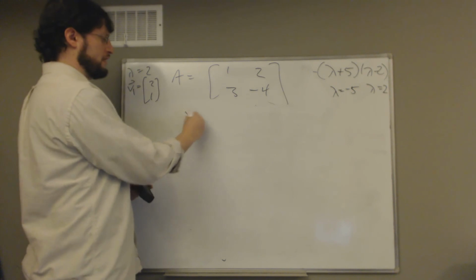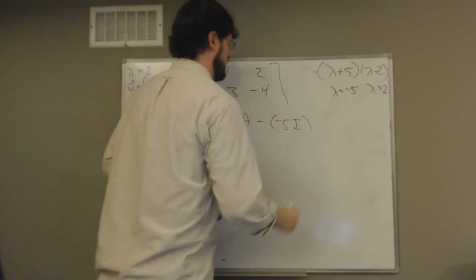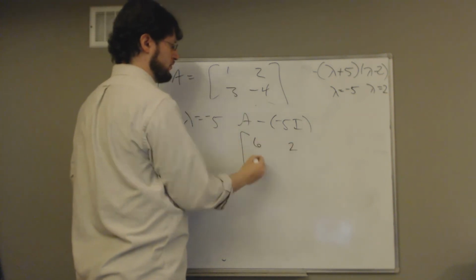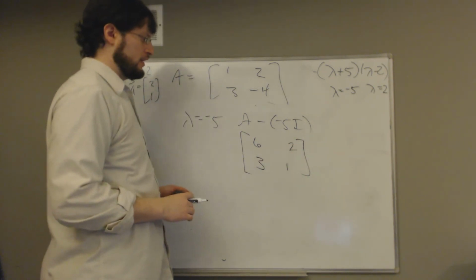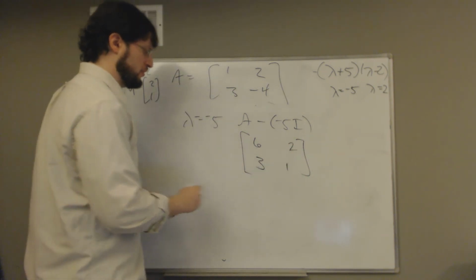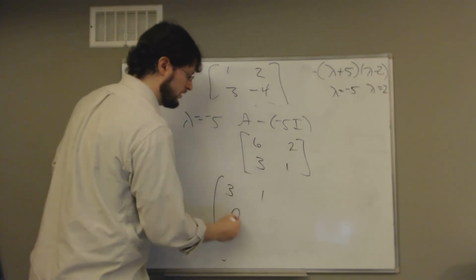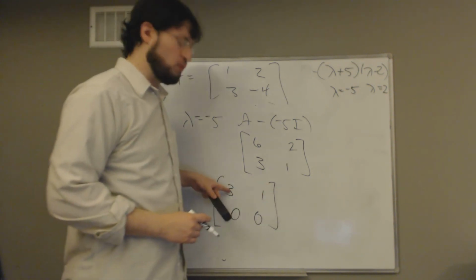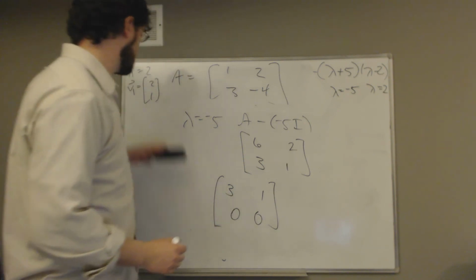For lambda equal -5, we look at A minus (-5)I, which is add 5 on the diagonals, and we get [6, 2; 3, 1]. Again, this is a multiple of this, and so this row reduces, if I divide by 2, to [3, 1; 0, 0]. We could make this [1, 1/3], but fractions are not as nice when we're looking at vectors.